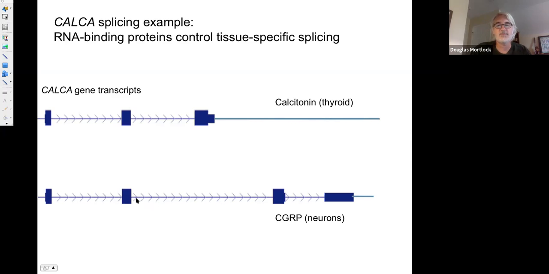So what I'm telling you is that in CGRP, this whole intron gets spliced out, and the splice junction here gets ignored, as does the polyadenylation signal, because this is the last exon of this transcript. And then the splicing machinery just chooses this exon to splice into, and the RNA polymerase doesn't terminate until this exon down here.